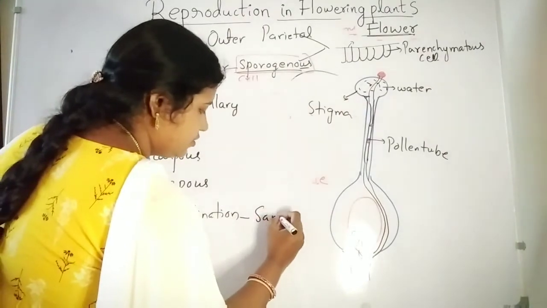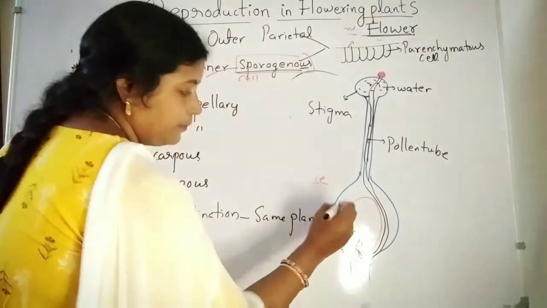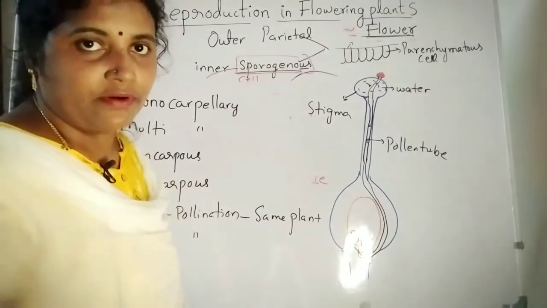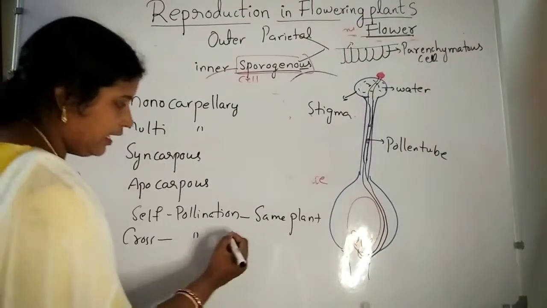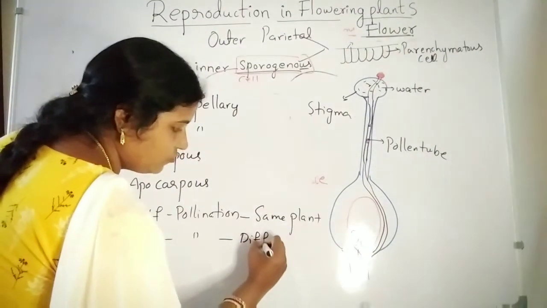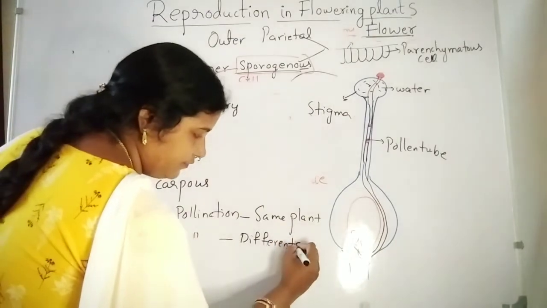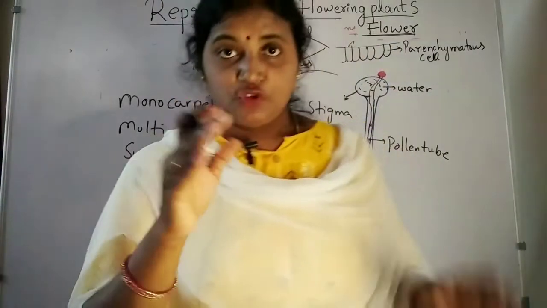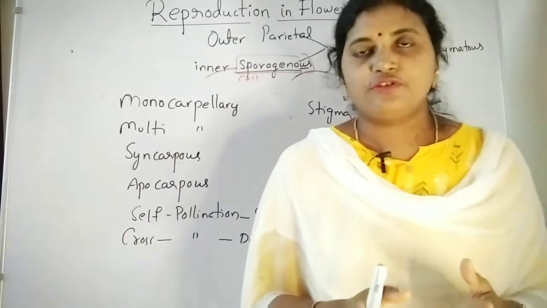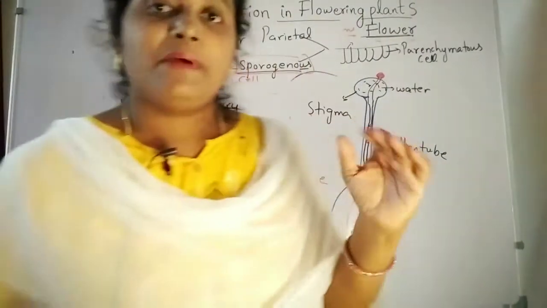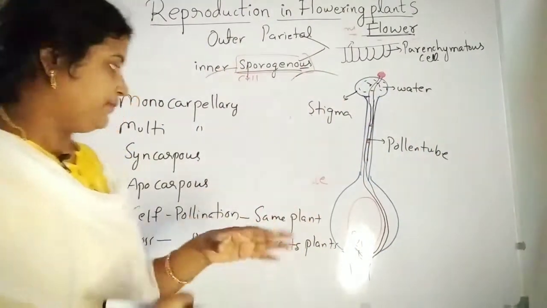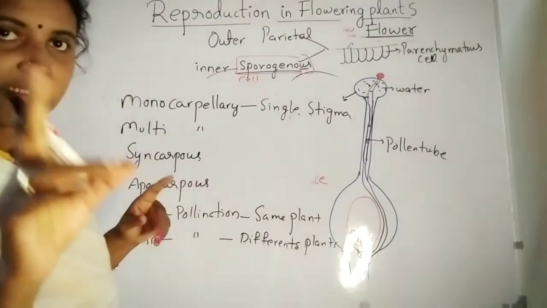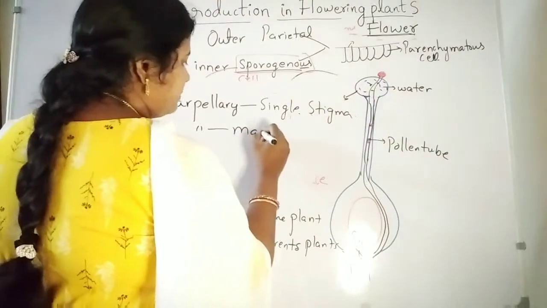So the pollination within the same plant, between the female reproductive part and male reproductive part, is known as self. And for different plants, the pollination between two plants of the same kind of flowers is cross-pollination. Monocarpellary means single carpel, and here many carpels.